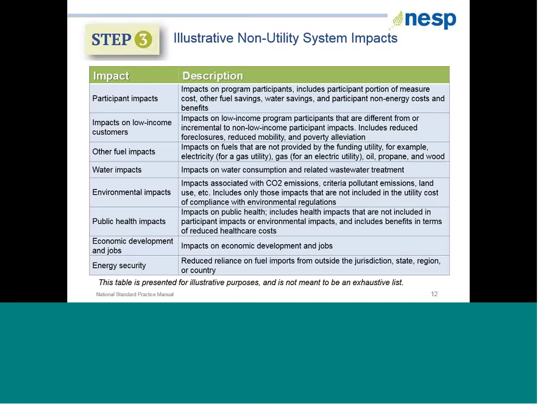And one of the things that's new in our manual is that each jurisdiction has the flexibility to choose among these. In the past, what so many people have thought of is, well, if you choose the TRC test, then you have to include X, Y, Z. And if you choose the societal cost test, you have to include all these.